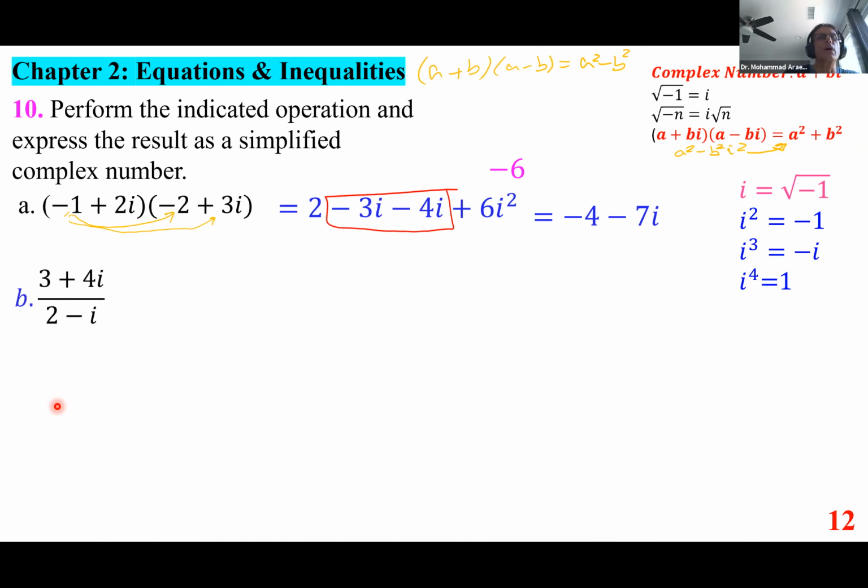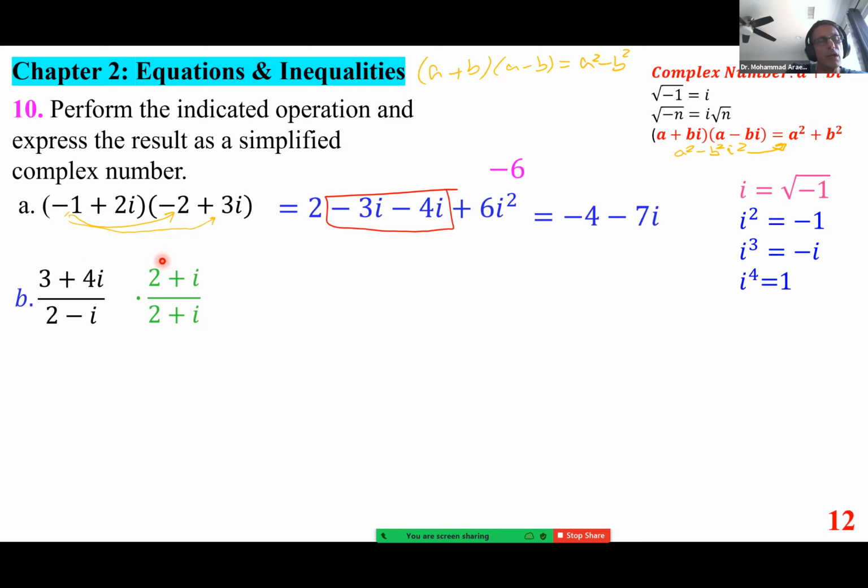If I want to do this one, if they say simplify or divide or rationalize or put it in a standard form, they all mean the same thing. I'm going to multiply by the complex conjugate of the denominator, which is 2 plus i. Also, I'm going to divide by it because this fraction is equal to 1. So how do you do the top? How do you do the bottom?